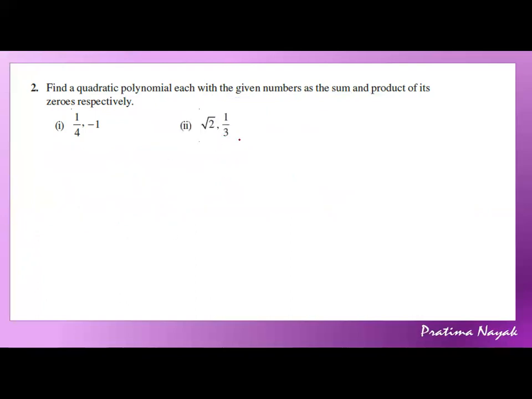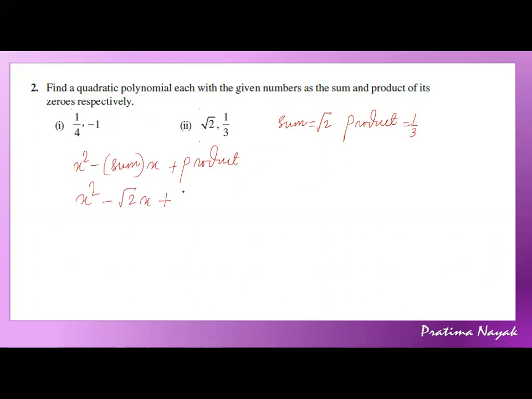Second one, sum is equal to root 2 and product is 1 by 3. So we'll write the quadratic polynomial is equal to x square minus sum into x plus product. So it will be x square minus root 2 into x plus 1 by 3.